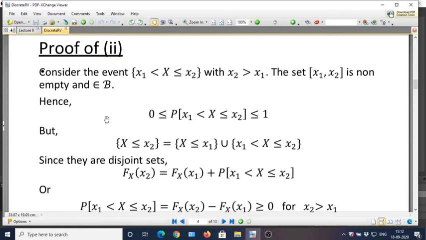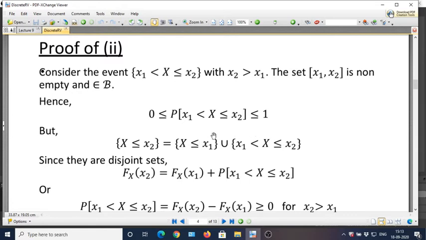How? We know that x less than or equal to x2, this set, can be written as the union of two disjoint sets: one, x less than or equal to x1, another, x between x1 and x2. If we look at the corresponding events, we have one event A, which is a union of two events B union C, and B intersection C is equal to the null set.